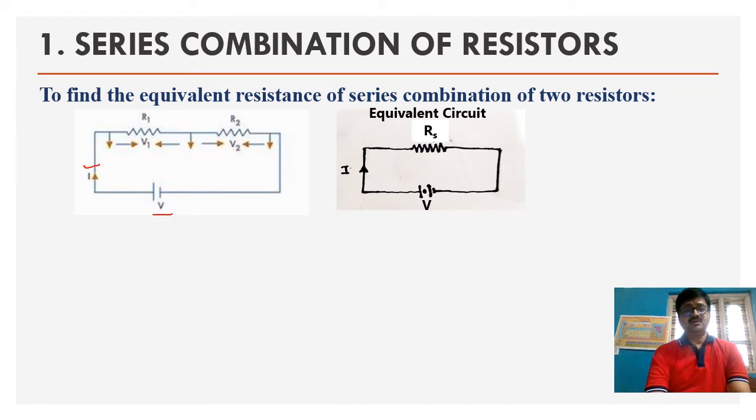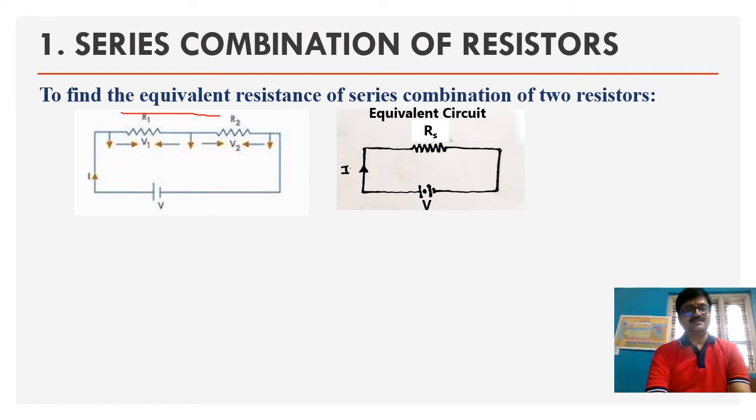If we observe the circuit further, we understand one more important thing here: the current I will continue to flow through R1 and R2 in the same amount. Obviously that is why it is called a series combination, correct?